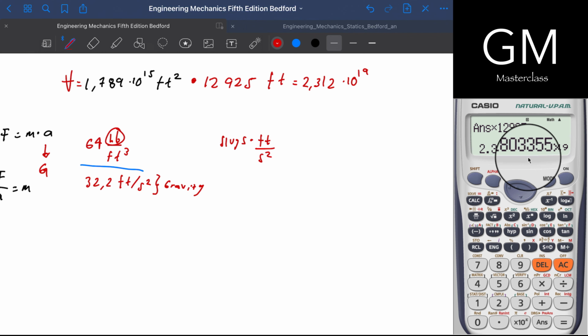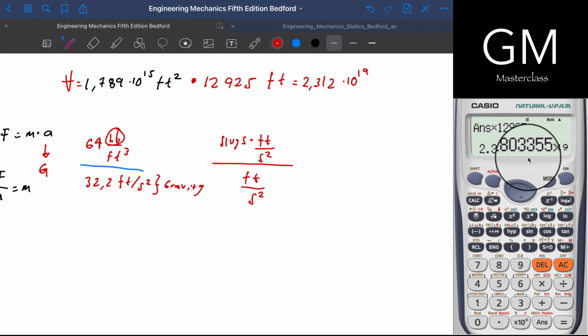And right here I have feet divided by seconds to the second power, right? A mass multiplied by an acceleration is equal to a force.